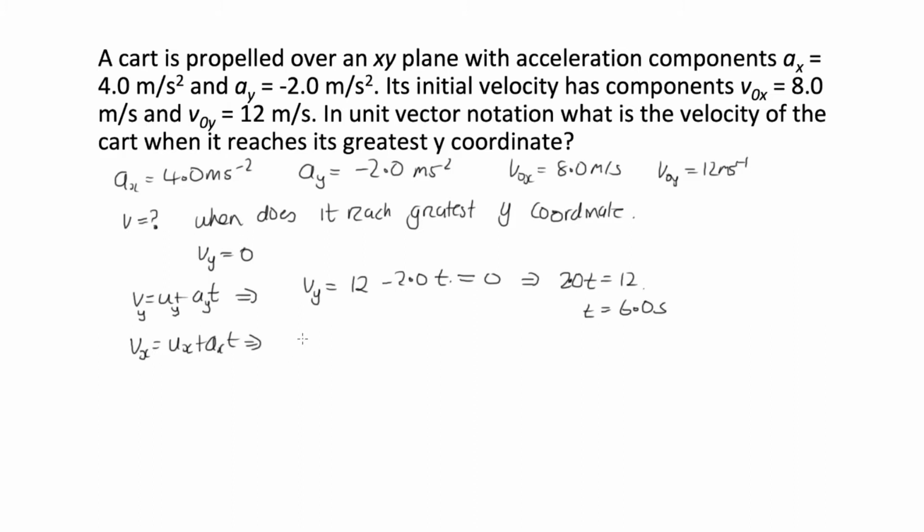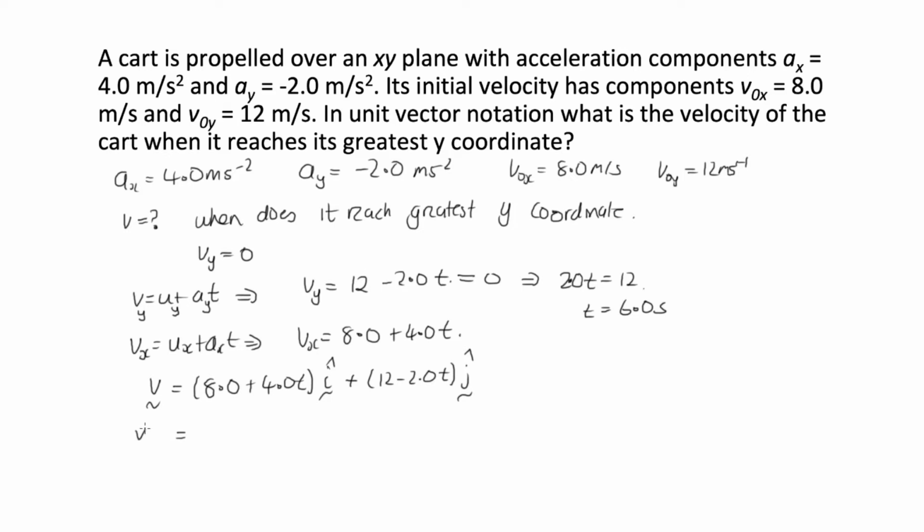Solving this one, Vx is equal to Ux, which was 8, plus the acceleration in the x direction, 4t. So V is equal to 8 plus 4.0t in the x direction, so i, plus 12 minus 2t in the y direction, so j.